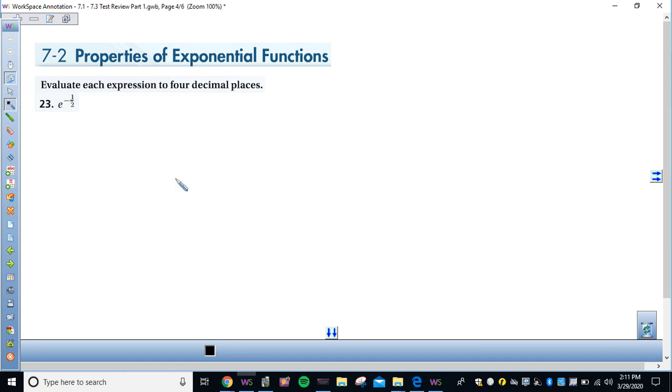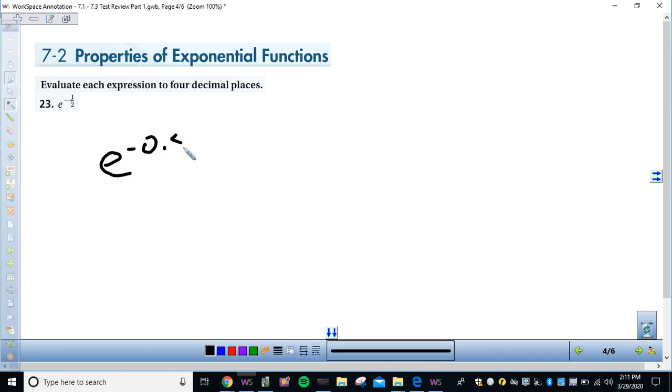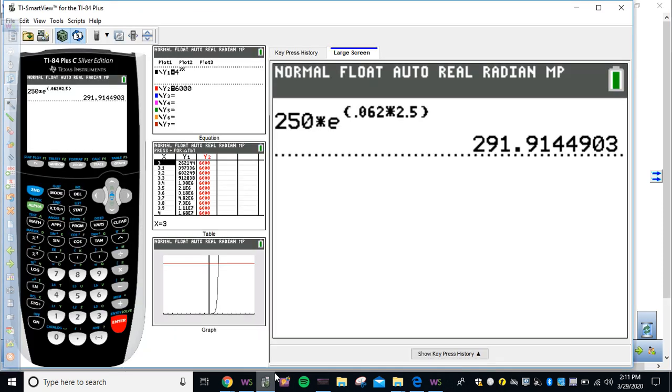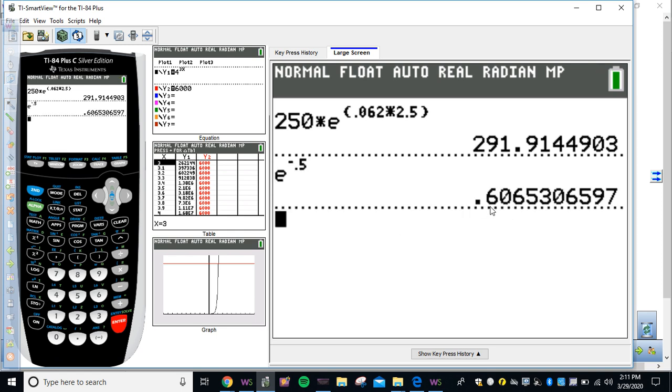Moving on, so these problems are what I always like to call the duh problem. I'm just going to rewrite this as e to the negative 0.5 to make it easier to plug into the calculator. They want us to use 4 decimal places, so we will go ahead and do that. We're going to go second ln, e to the negative 0.5 power, and to 4 decimal places, 0.6065.